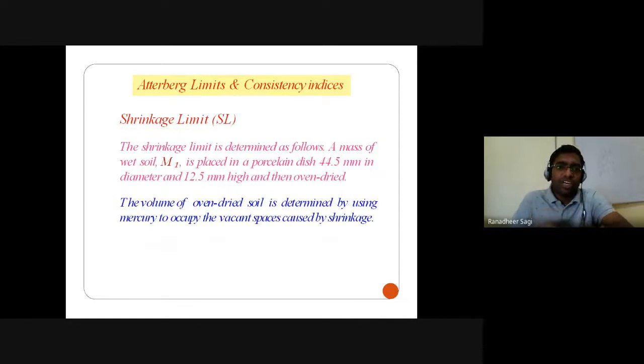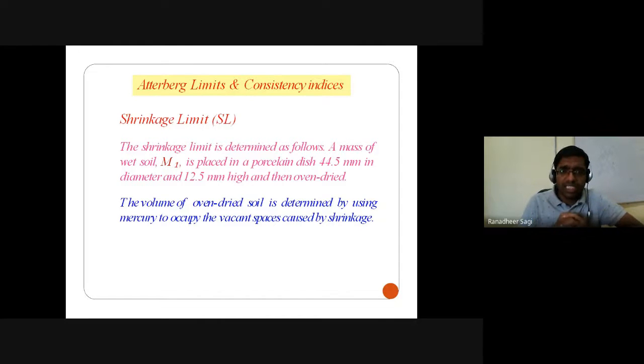Now, how are we going to determine the shrinkage limit value of the given soil? We take the fine grained soil for which the shrinkage limit value has to be determined, and thoroughly mix it with some quantity of water. How much? There is nothing fixed. Add sufficient water so that the soil mixed with water turns into a kind of paste.